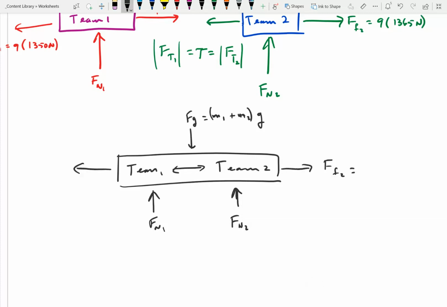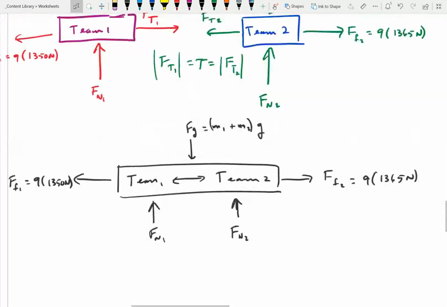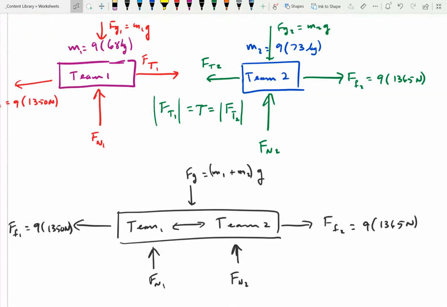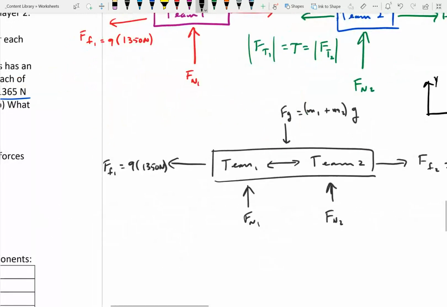Force friction 2 is equal to 9 times 1365 newtons. Force friction 1 is equal to 9 times 1350 newtons. Decide on my directions. Well, once again, it's accelerating in the horizontal direction, so it makes sense to make X and Y like that and that. So here's my free body diagram.